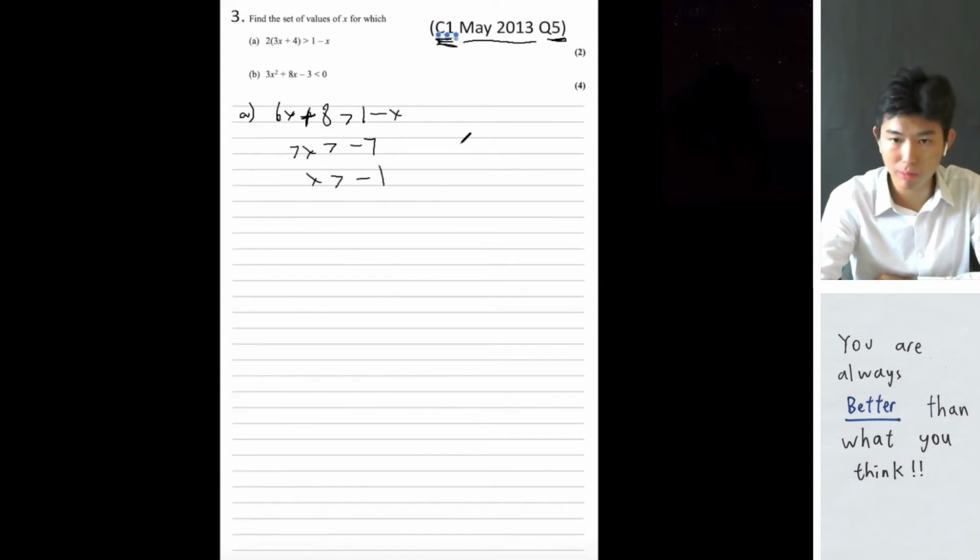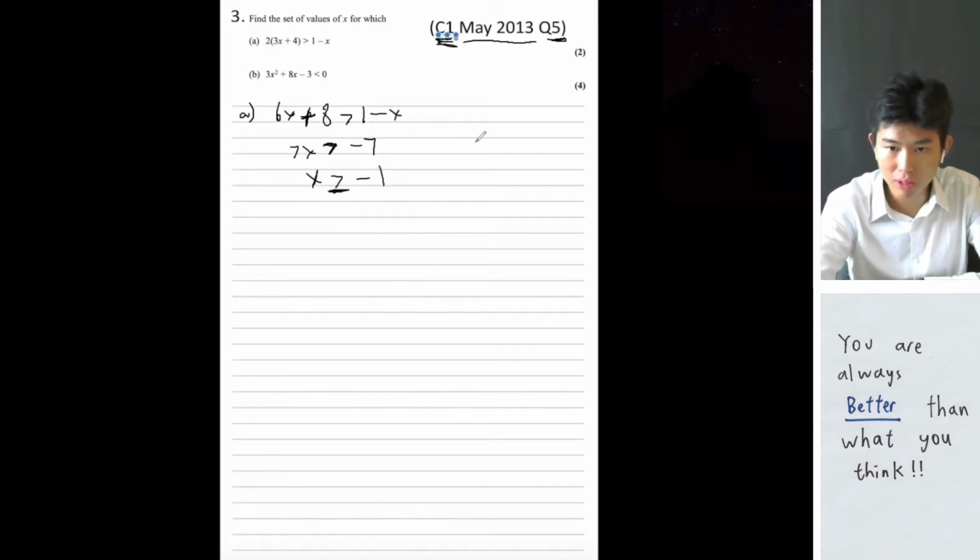And guys, always remember that if you have 7x greater than minus 7, you don't have to change the direction of the arrow. But if you see something like this, okay, this is not in the question, I just want to make the concept clear, if you see minus 7x greater than 7, then x would be smaller than 7 over minus 7.